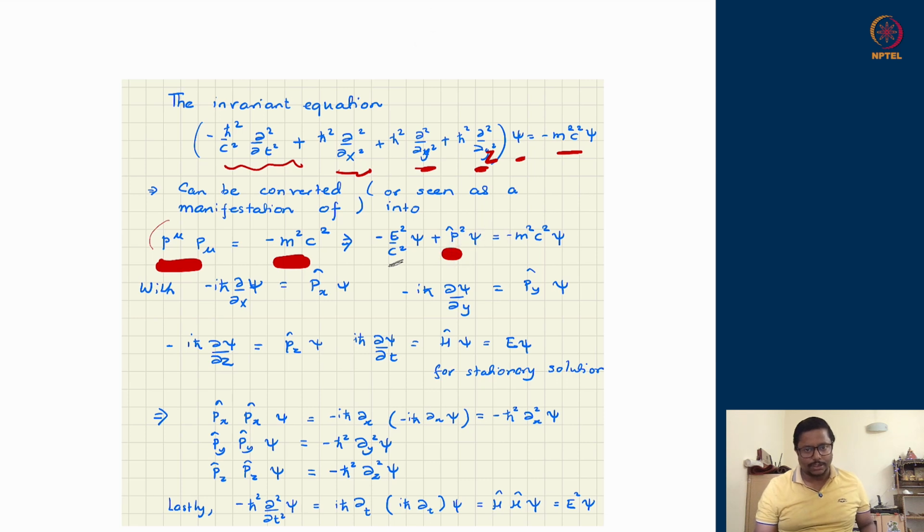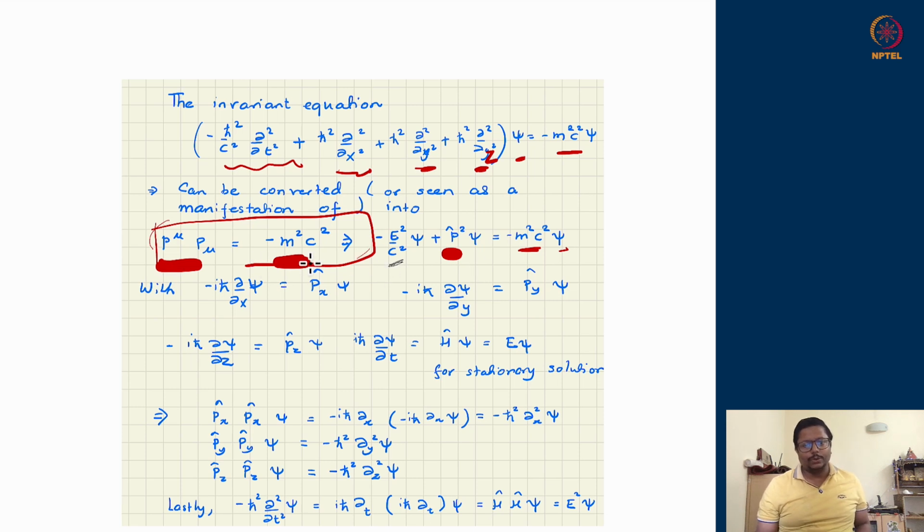So ultimately what we have is minus e square upon c square hitting the psi plus vector p square operator hitting on psi is equal to minus m square c square psi, which is the manifestation of the operatorization of this invariant equation.